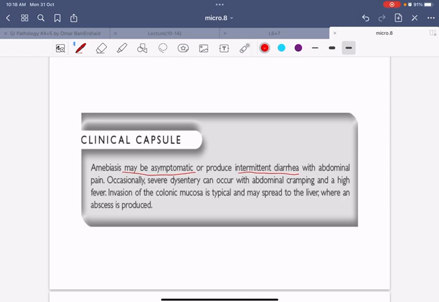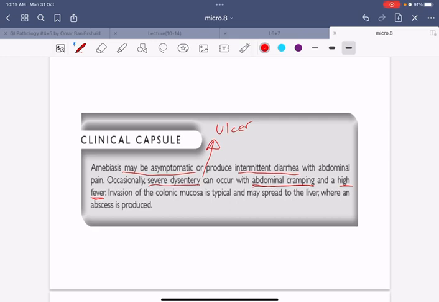Occasionally dysentery. When the patient develops ulcers, it becomes dysentery with abdominal cramp and sometimes high fever. When there are ulcers in the intestine, secondary infection by the bacteria present in the colon will make the infection worse.